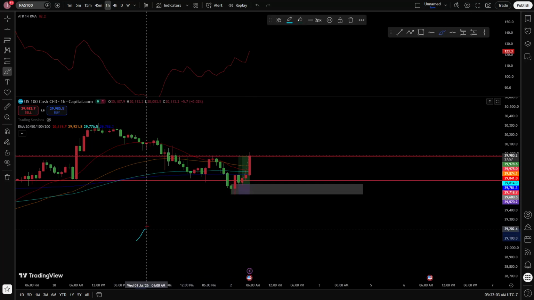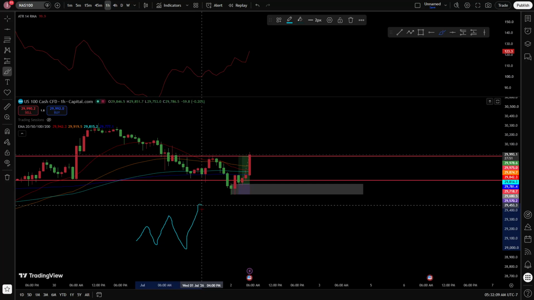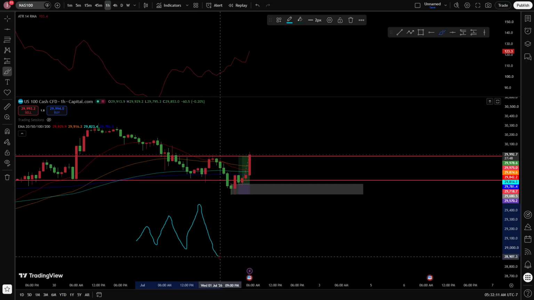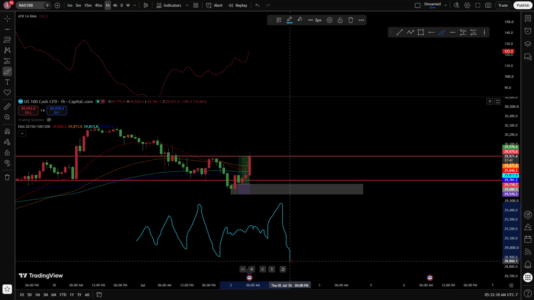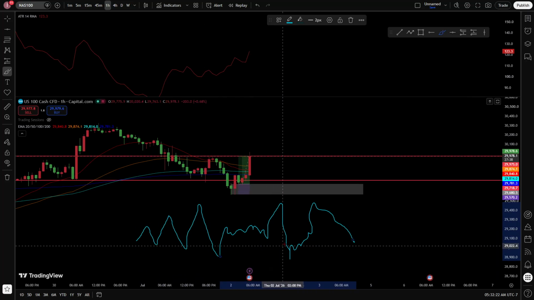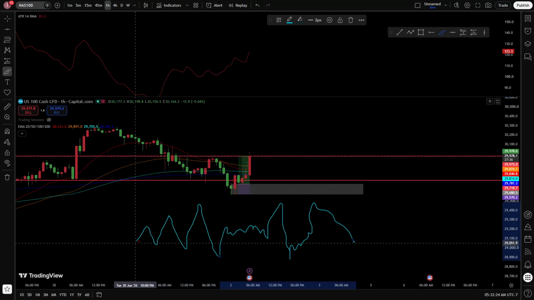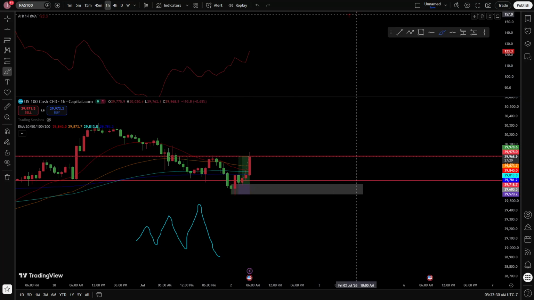It's going to make new highs, new lows, new highs, new lows, and then we're going to have days that just go sideways. But that's when we identify where it's going to hit. This area is where we find our bias.